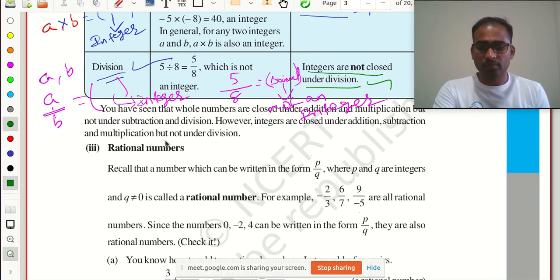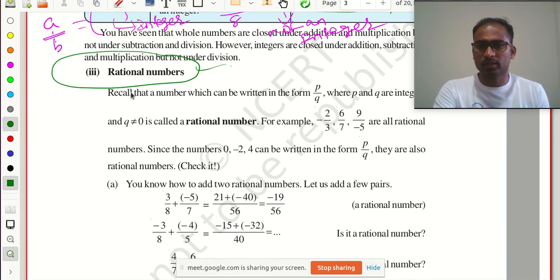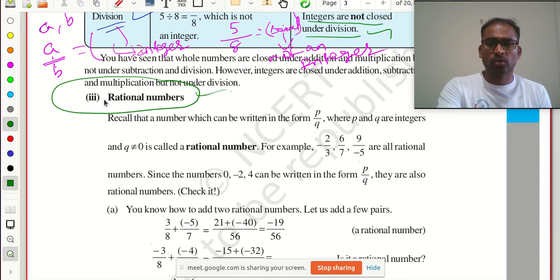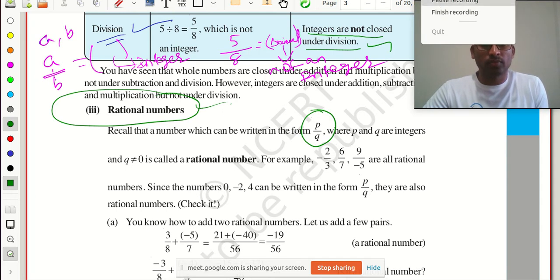Okay. Next, we will check for the rational numbers. So we know already the rational numbers are in the form of p by q, where p and q are integers, and q is not equal to 0.